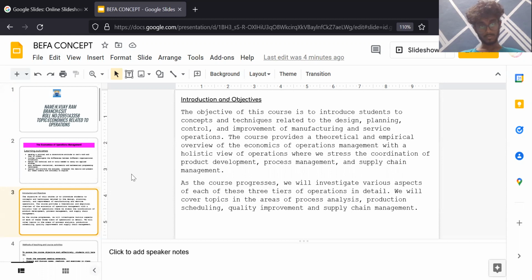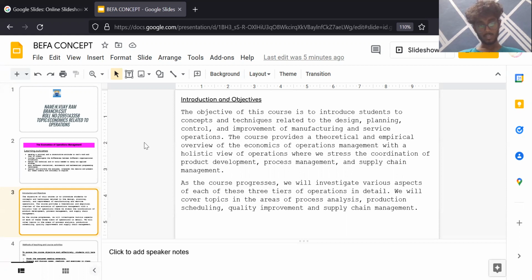Introduction and objectives. The objective of this course is to introduce students to concepts and techniques related to the design, planning, control, and improvement of manufacturing and service operations. The course provides a theoretical and empirical overview of the economics of operations management with a holistic view of operations, where we stress the coordination of product development, process management, and supply chain management.